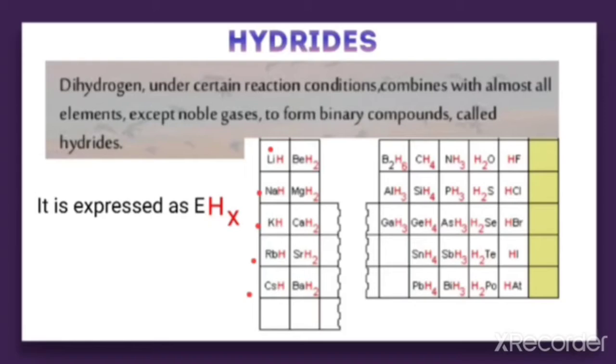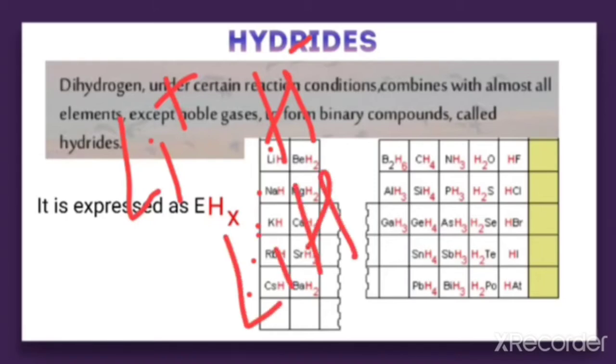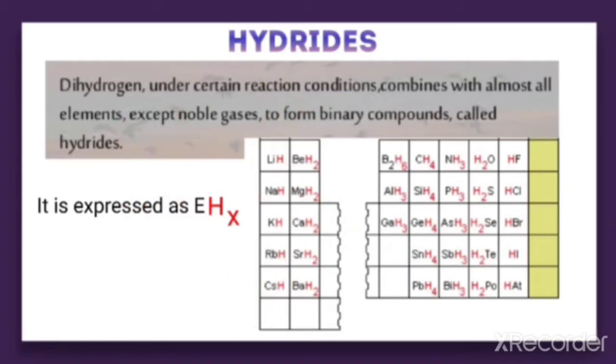In all these cases you can see a similar pattern of formulas, because these have a single positive charge and hydrogen has a negative charge. So the formula is LiH here. You can see the similar pattern: LiH, NaH, KH, RbH, CsH.